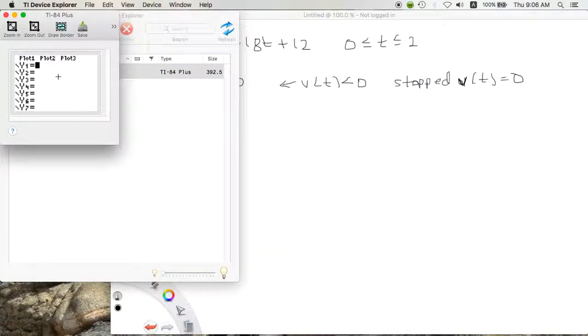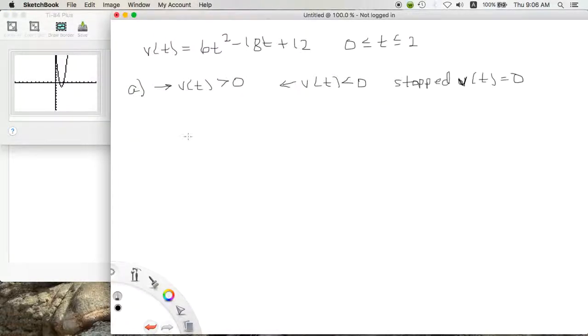Alright, so if we put this in, we've got 6x squared minus 18x plus 12. If you graph that, sorry, it's not working very well, is it?